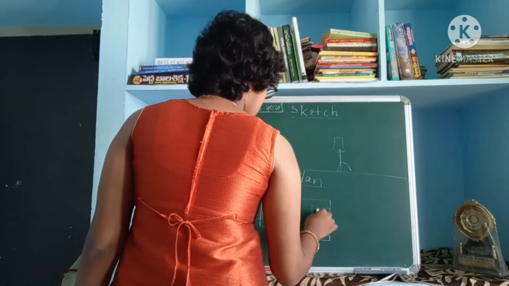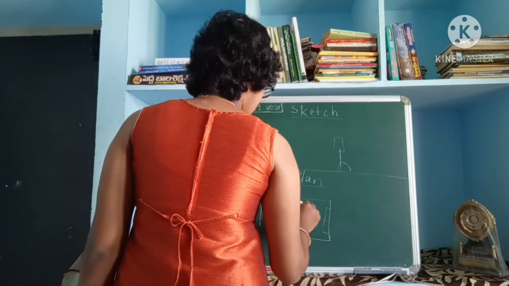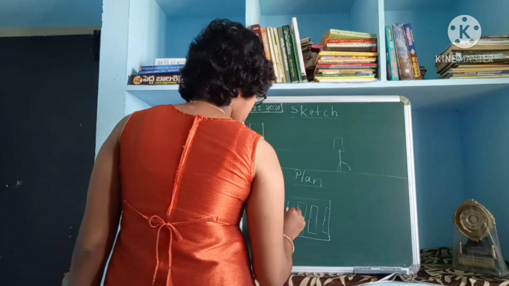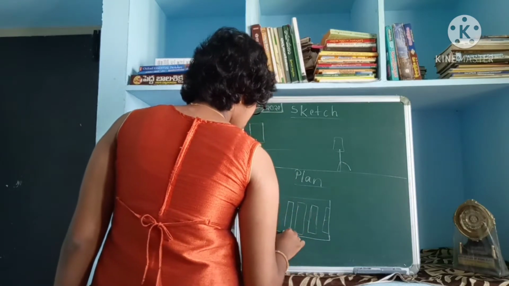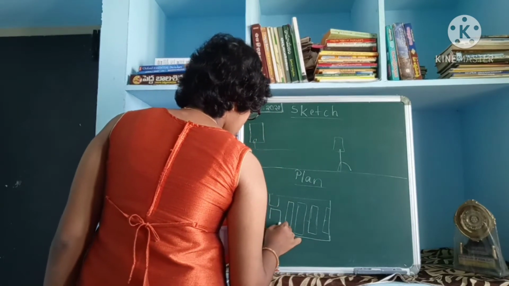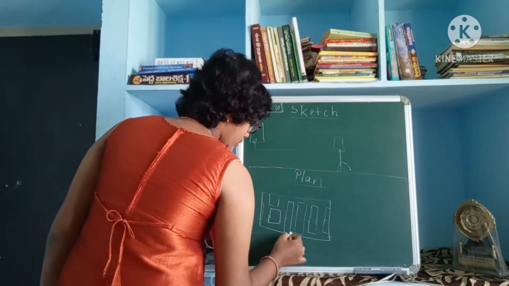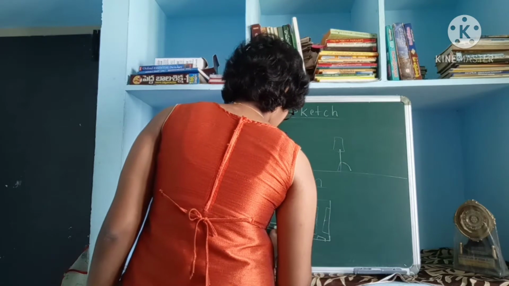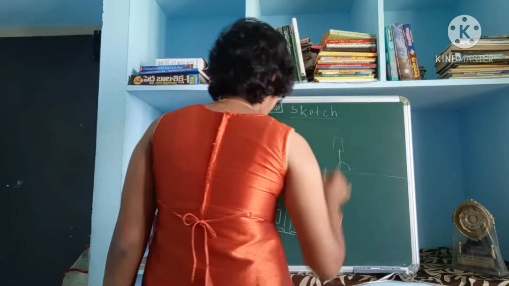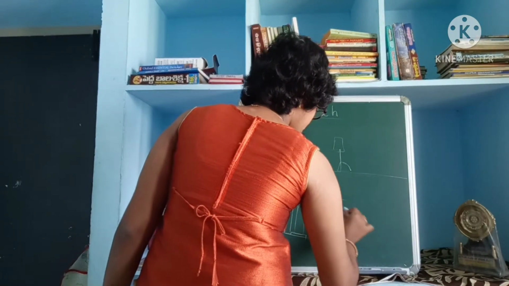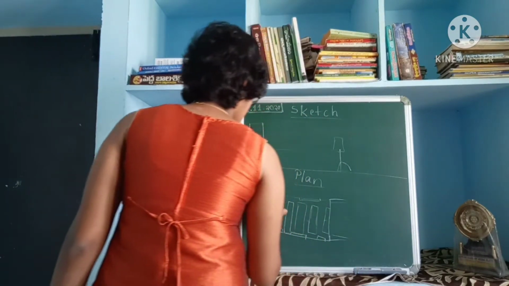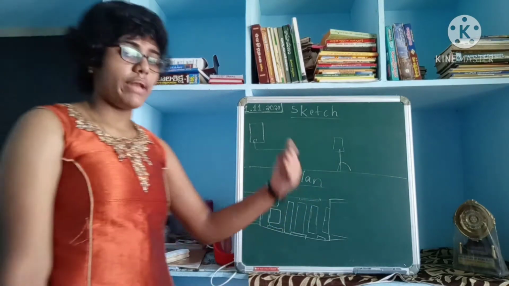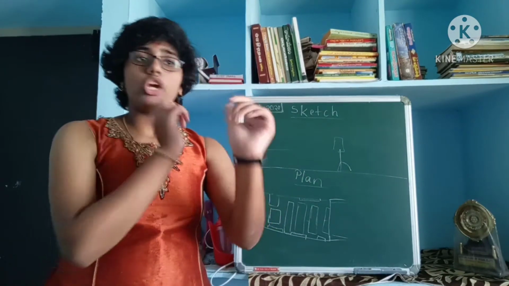And here are the benches, right? Here is the teacher's table. Here are some of the windows. Here is another window, and another window. And here there will be another class, beside classrooms. That's it. This is a plan, but they will do it in a particular manner.